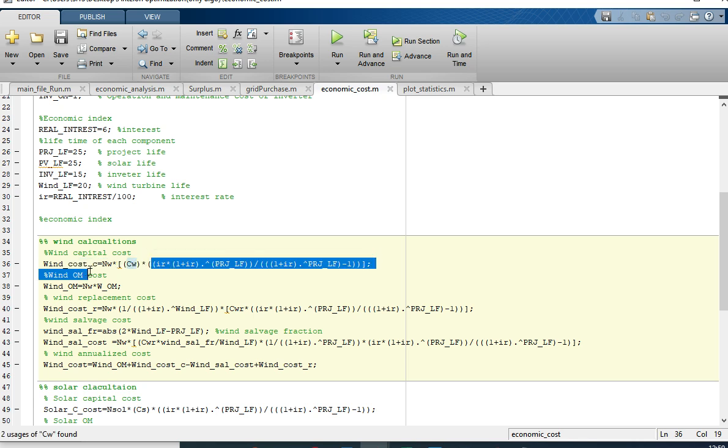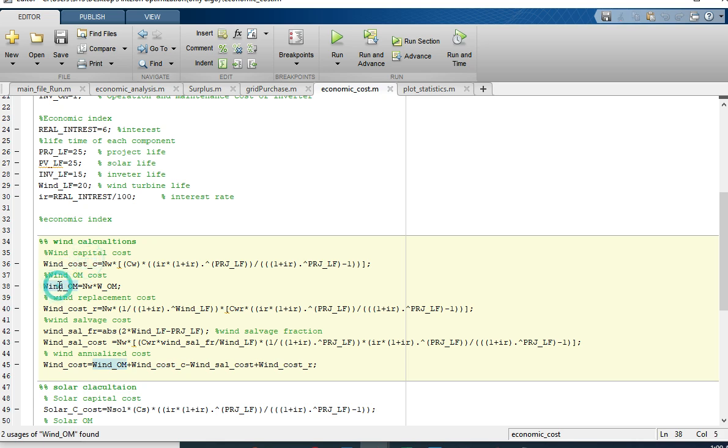It means that if this is the total cost for the whole life of a wind turbine at the present situation, what should be the annualized fraction of this cost, keeping in view the interest rates and project life? So multiplying by this component, CRF, the capital recovery factor, will convert this net present cost into the annualized cost of the component. So this is actually the capital cost of a wind plant per annum for 1 year.